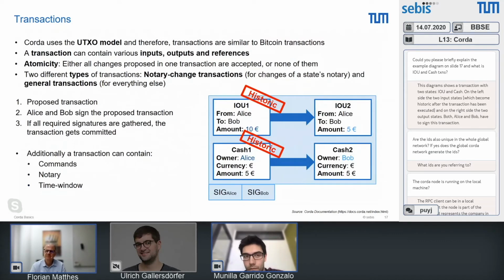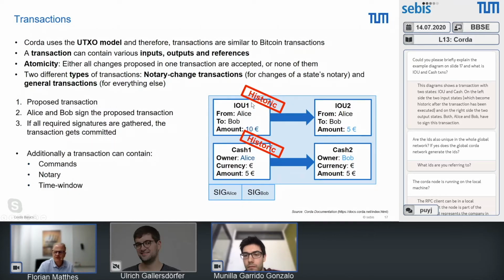So the idea is, IOU, as I said, is a representation of a state of an obligation. Alice essentially said, I owe Bob 10 euro. So that's more or less a paper she wrote and signed.